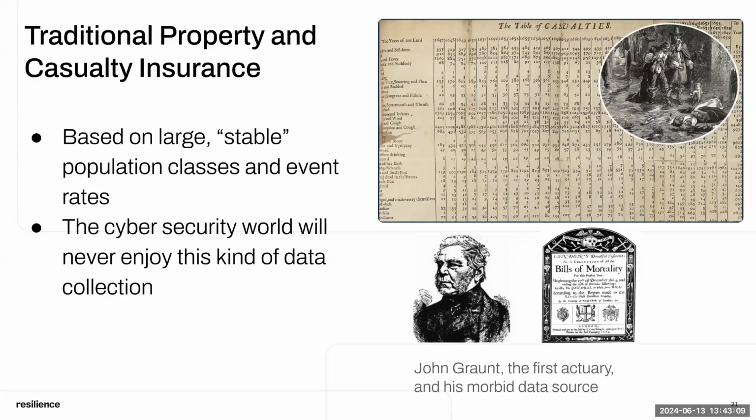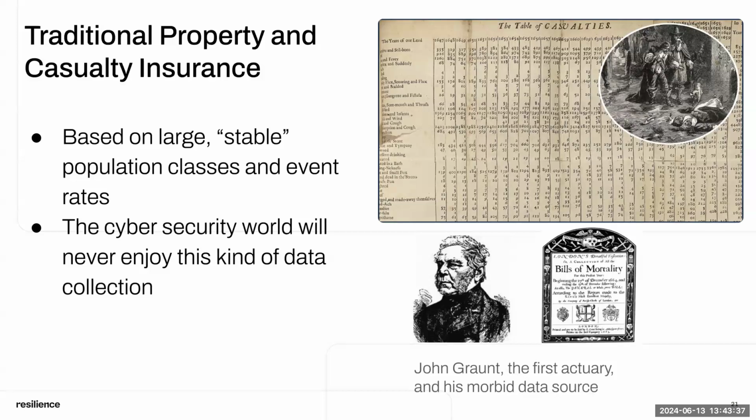His analysis in Natural and Political Observations Made upon the Bills of Mortality consisted of a compilation and an analysis of data from the bills of mortality. The bills of mortality were documents offering information about the births, deaths, and causes of death in London parishes, and it was printed and distributed weekly on Thursdays, in addition to an annual report released in December, started in 1592.